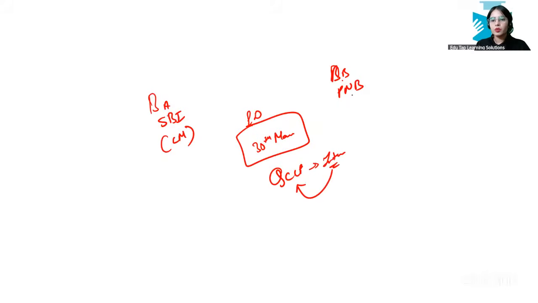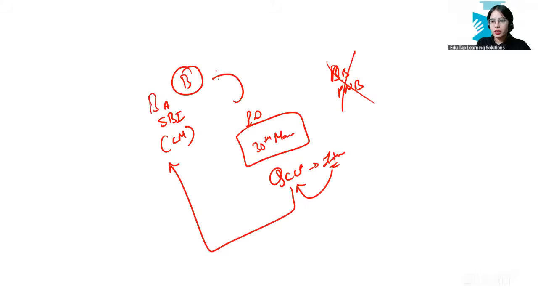Now, what if the Punjab National Bank defaults because it does not have the instruments or the money available? In this case, the qualified central counterparty has to complete the transaction. If the bank is buying the contract, the qualified central counterparty has to complete the transaction. So there is no risk because it has to complete the transaction. But it is said by RBI: what if this intermediary defaults?